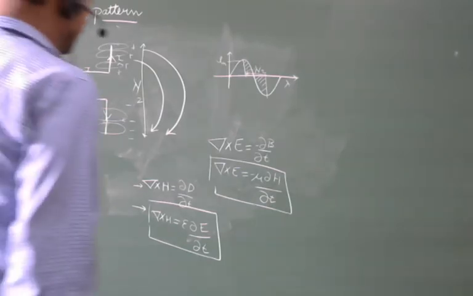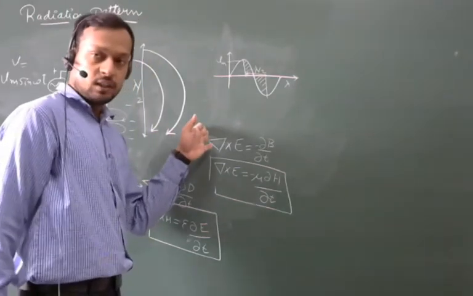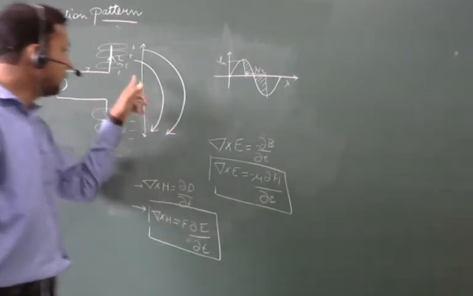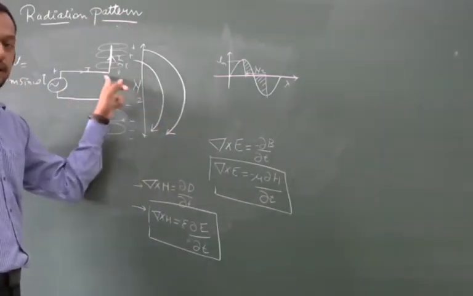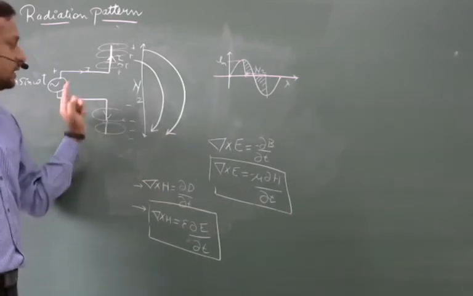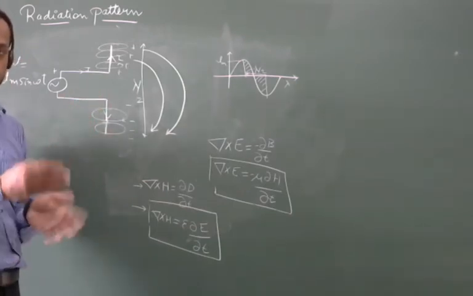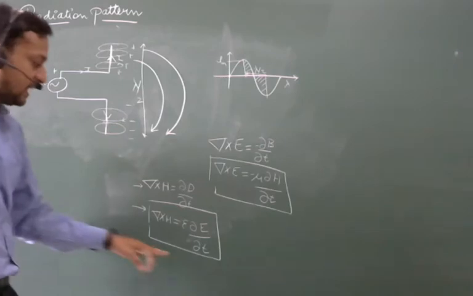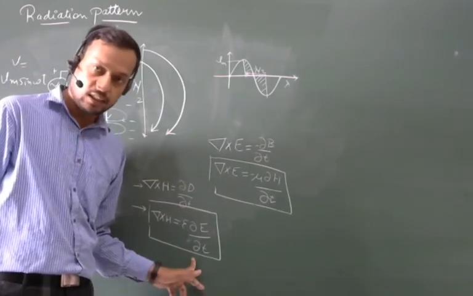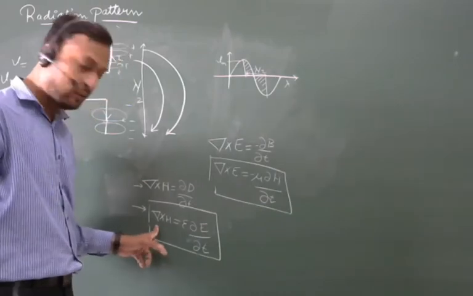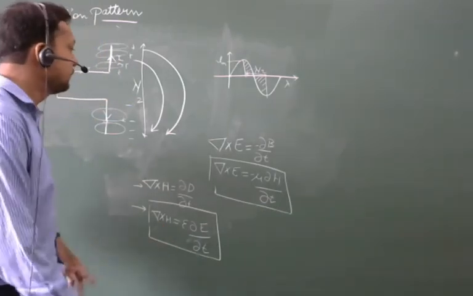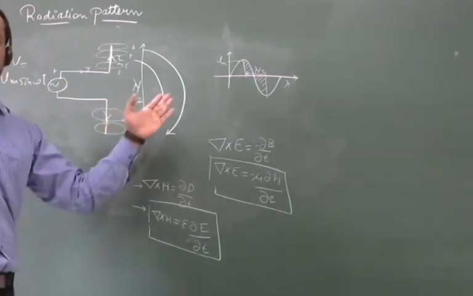So this electric field shifts. Now this electric field is also created from the time varying current, the sinusoidal current, and again the electric field is time varying, and this time varying electric field results in a space varying magnetic field. So this magnetic field also shifts.